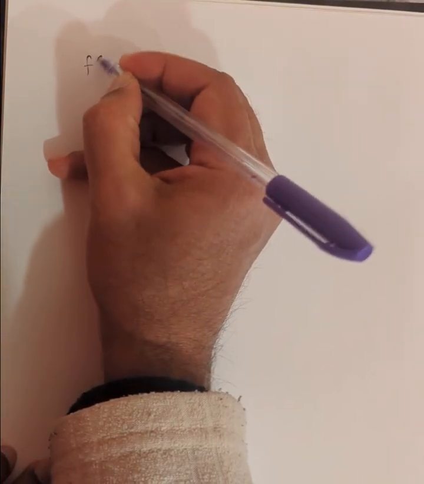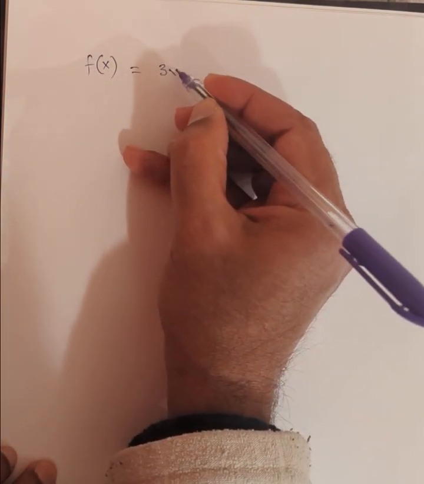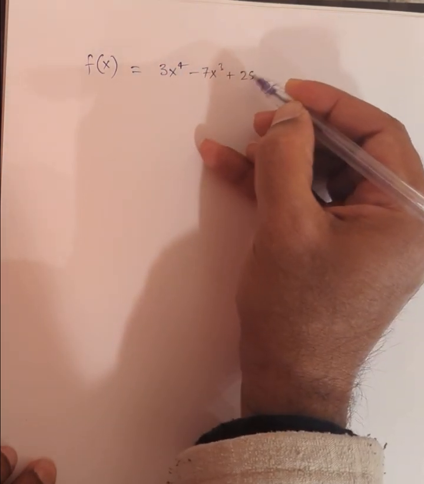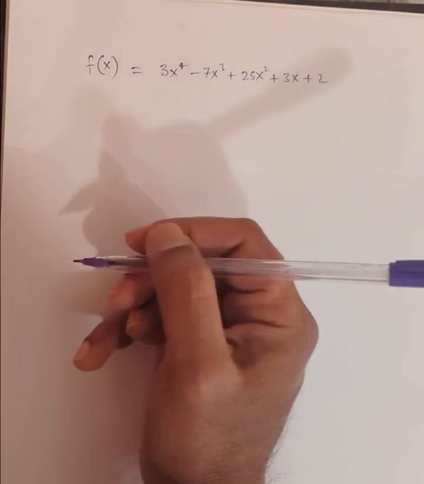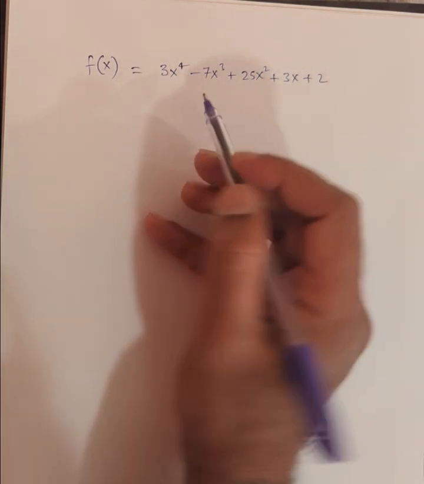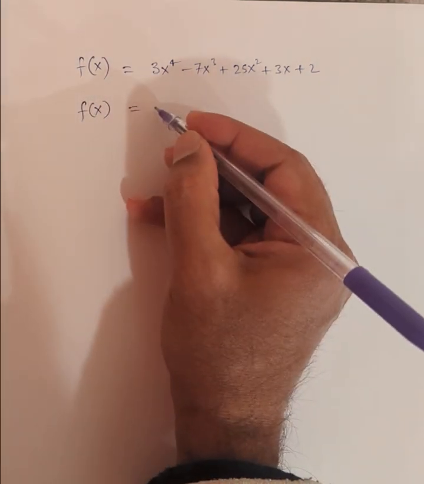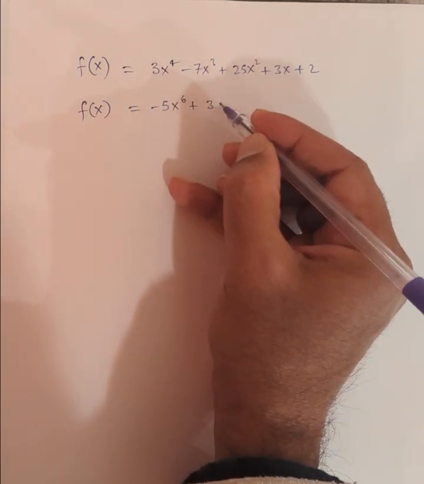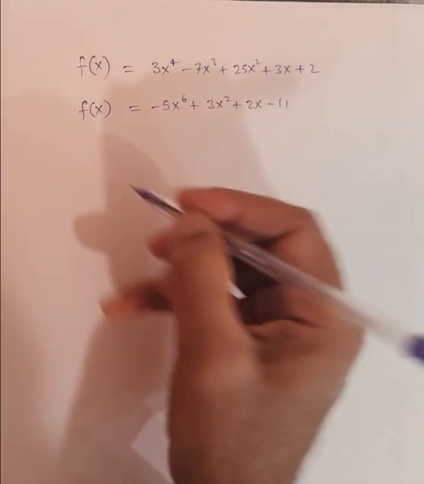Let me write down a few examples of polynomials. Something like 3x to the 4 minus 7x cubed plus 25x squared plus 3x plus 2. That is a polynomial whose degree is 4, the highest power. Now let me write down some more. This time negative 5x to the 6 plus 3x squared plus 2x minus 11.